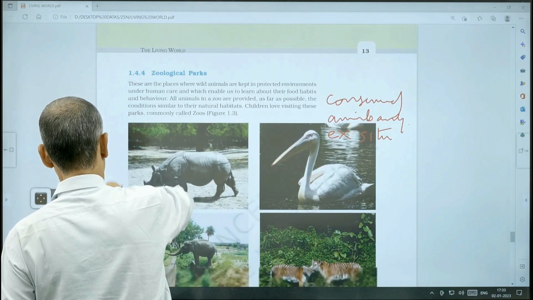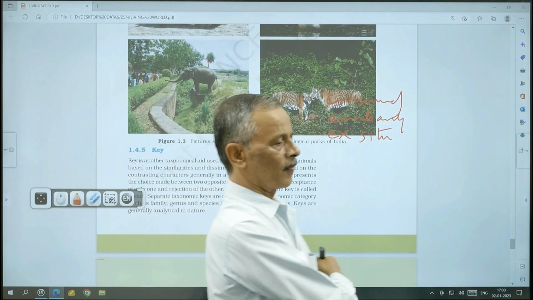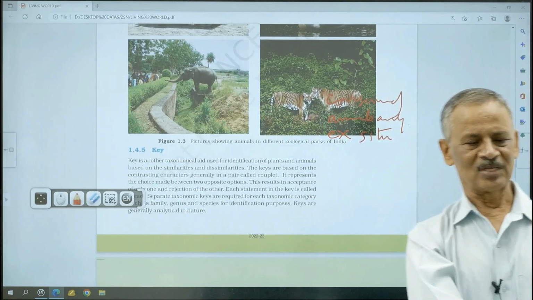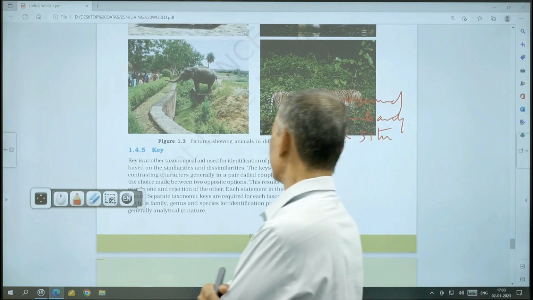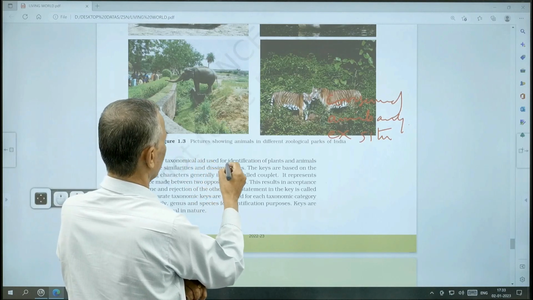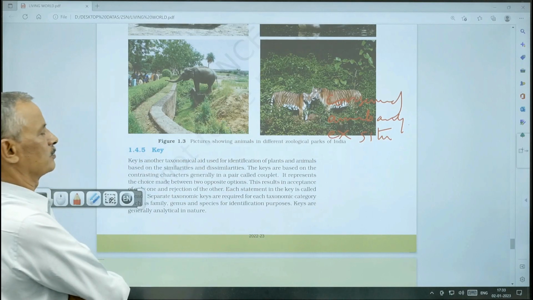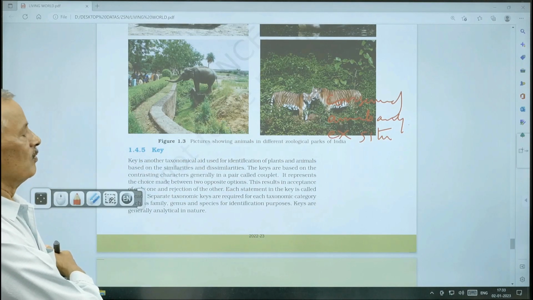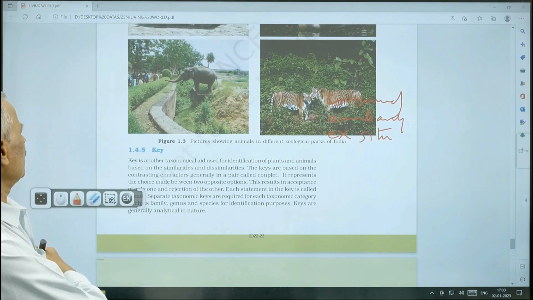But in the coming one, which is called keys, we are using books, photographs, pictures, drawings, etc. So, a key is a taxonomic aid used for identification of plants and animals. We can identify an animal or a plant based upon these keys.